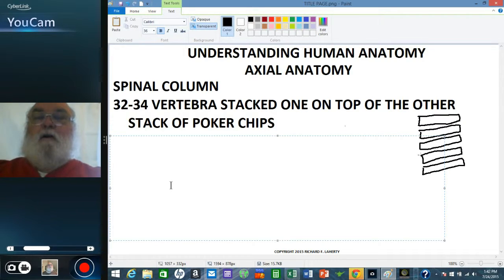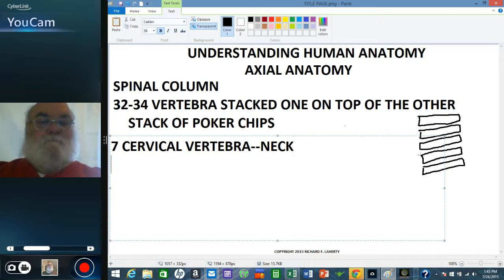The vertebrae are divided into regions. There are 7 cervical vertebrae, and they are in the region of the neck. There are 12 thoracic vertebrae.